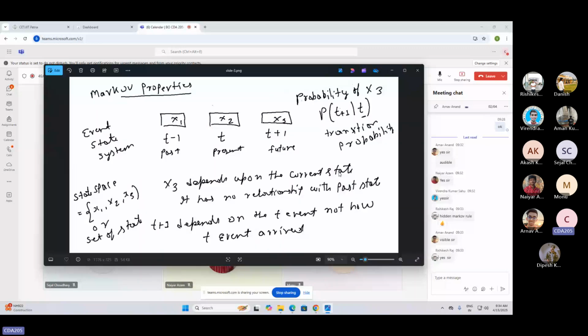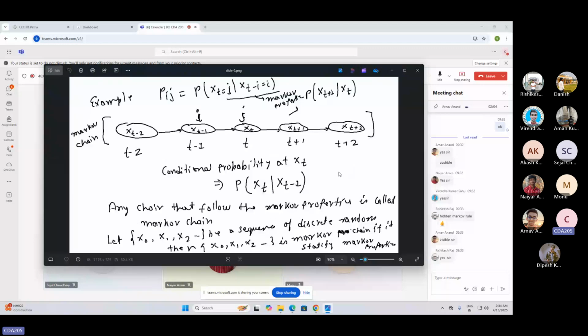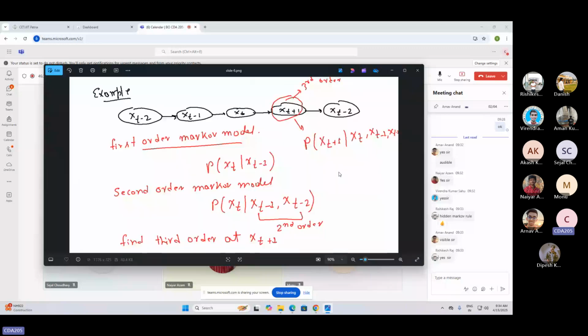Then we have seen the examples. Then we have seen the Markov chain. Markov chain means the set of states which follow the Markov property. We have seen first order, second order, and third order Markov models. Then one example: sunny, rainy, and cloudy.